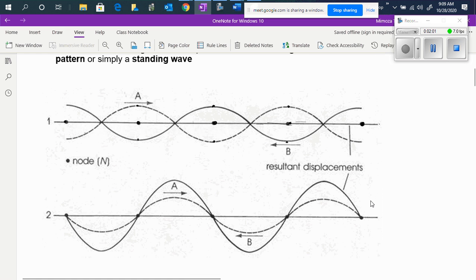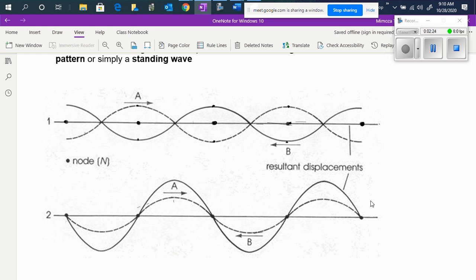But if we have two waves that do not have the same amplitude, so wave A is again represented by this dotted line here, and wave B by the continuous line, and they are moving in opposite directions.